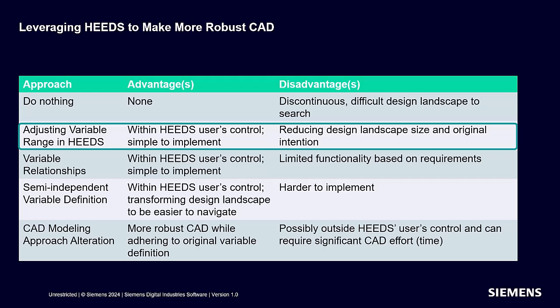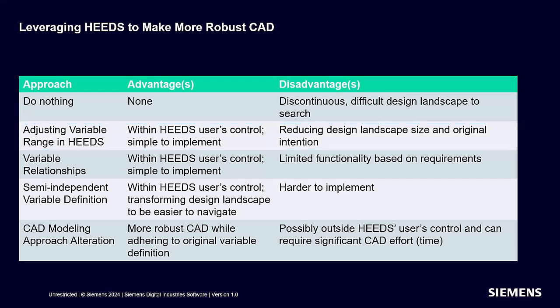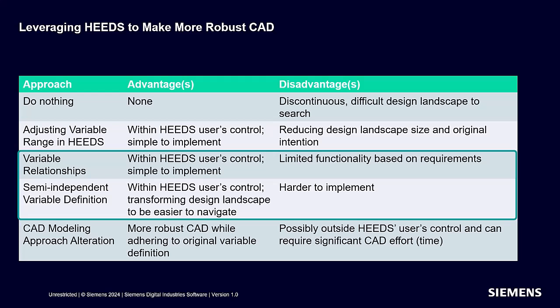However, it is altering the originally intended design landscape, potentially reducing innovation potential. Either variable relationships or semi-independent variables can be utilized in HEADS to enforce relationships amongst variables to enhance robustness. Each of these approaches has its pros and cons as listed here.